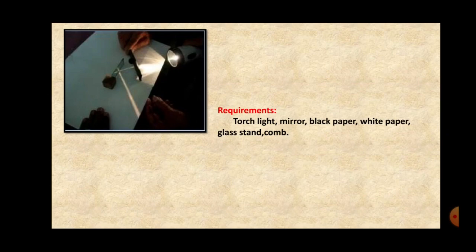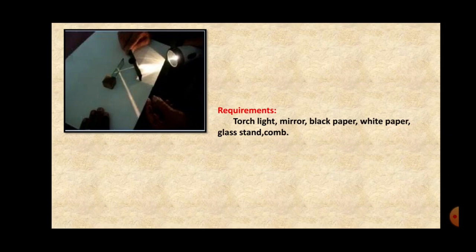Then we have to hold the comb perpendicular to the white paper, and we have to throw torch light on its central portion where we have made a hole. And we have to adjust the comb and the torch in such a way that the light rays fall on the white paper.